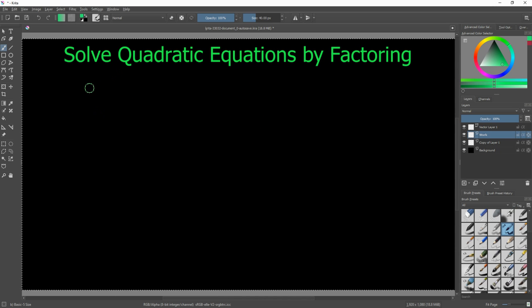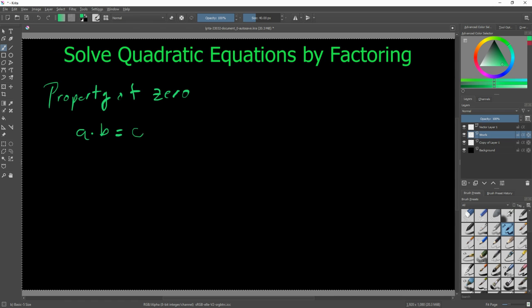So before we solve the quadratics, there is something that you guys have to understand. That is the property of zero. All right, sometimes they call it the zeroth property. It means that if you have two numbers like a times b, it could be like 5 times 10, 8 times 2, whatever.